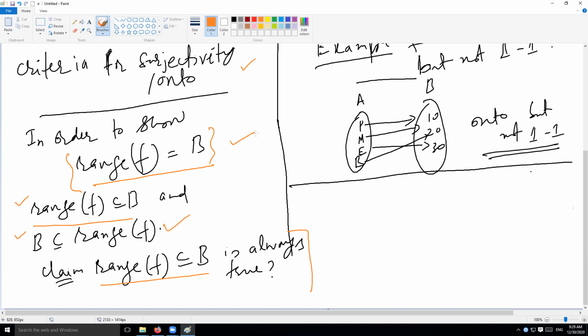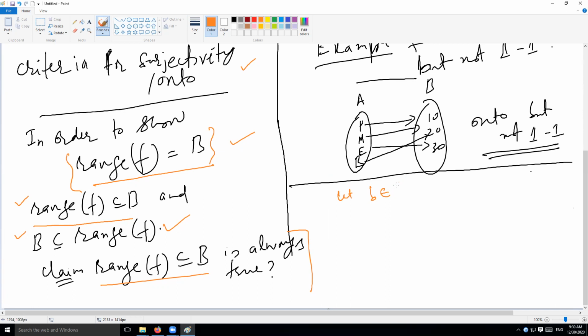But I want you to realize where this criteria comes from, because quite often people just memorize the way to prove an onto function, but never see why this way of proving an onto function really works.